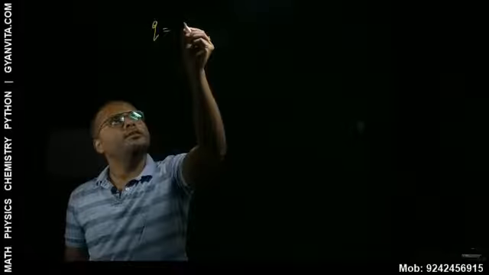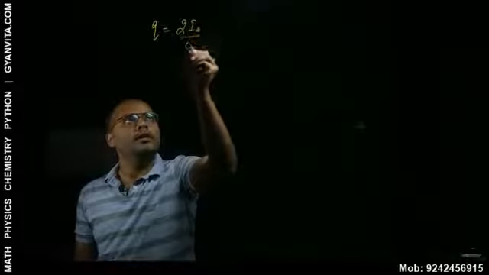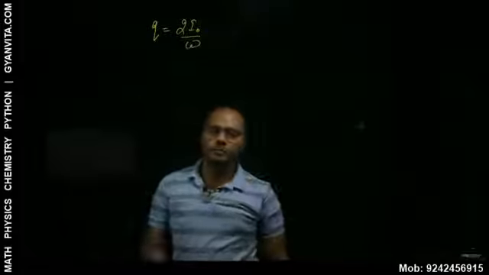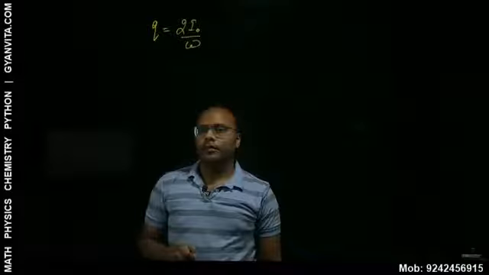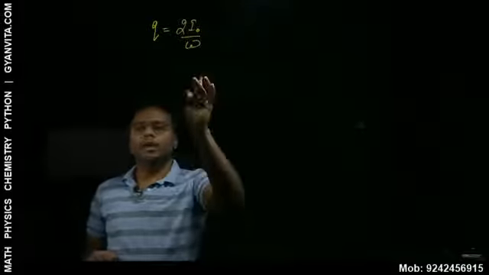So the charge which we have here in the half cycle is 2 I naught divided by omega. This is something which we have already seen.